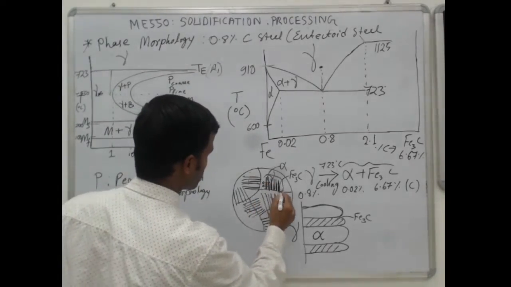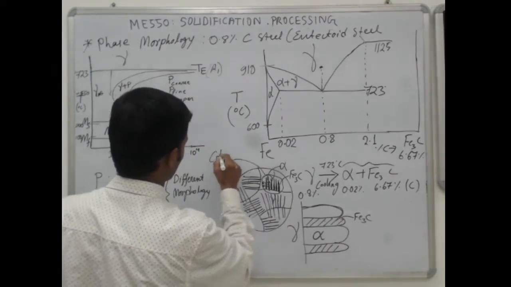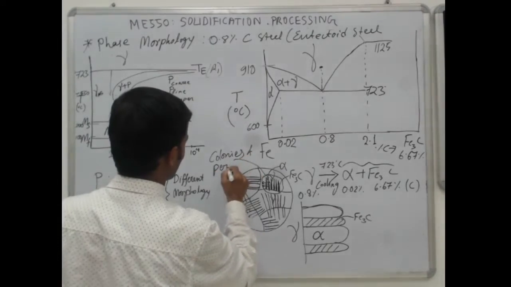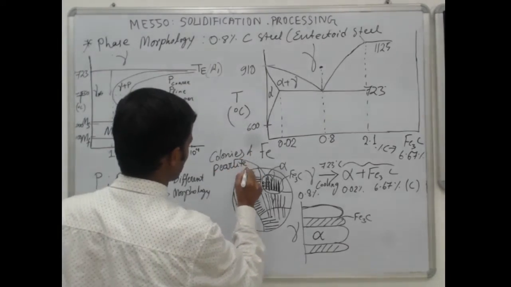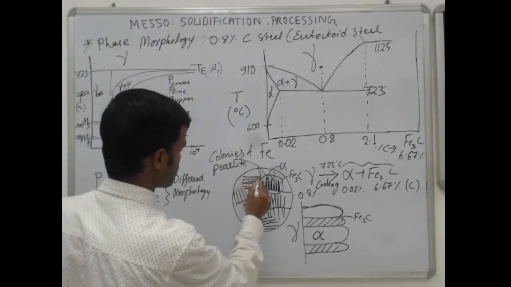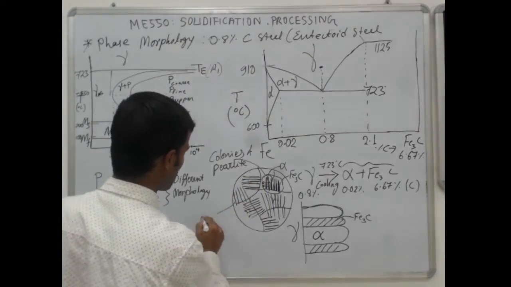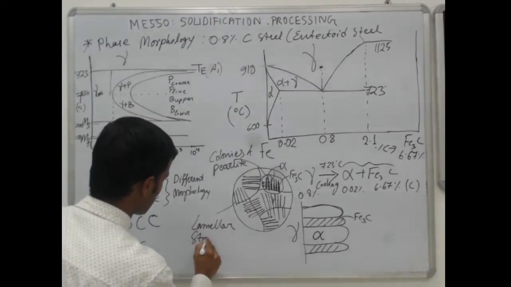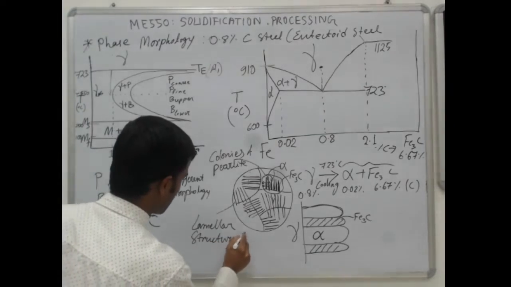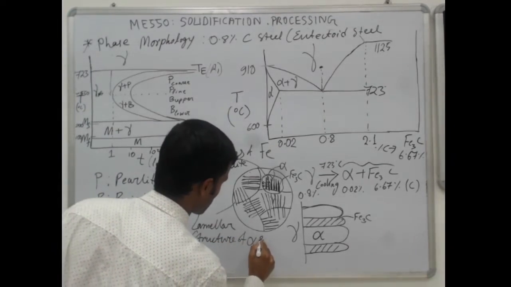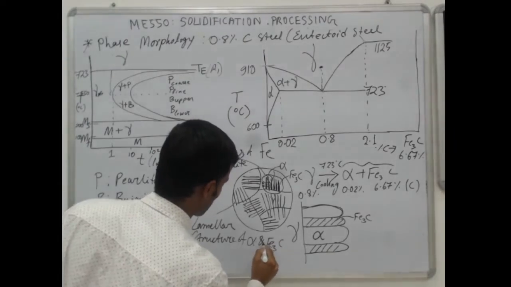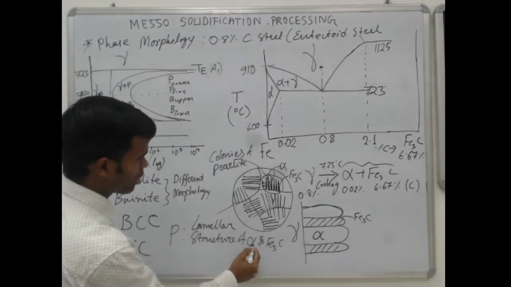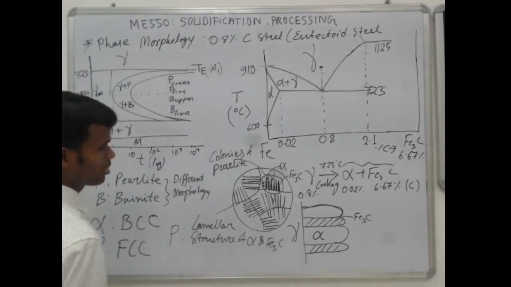So these are called different colonies of pearlite, different lamellar structures. Lamellar structure of alpha and Fe3C. So pearlite has a lamellar morphology. Pearlite is a lamellar structure of alpha ferrite and Fe3C cementite.